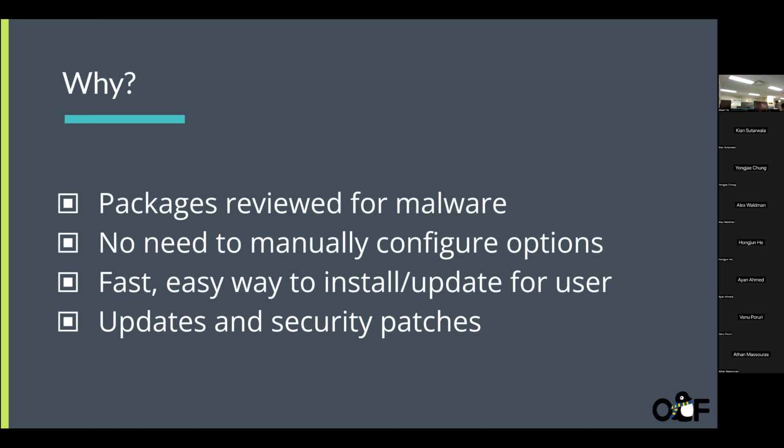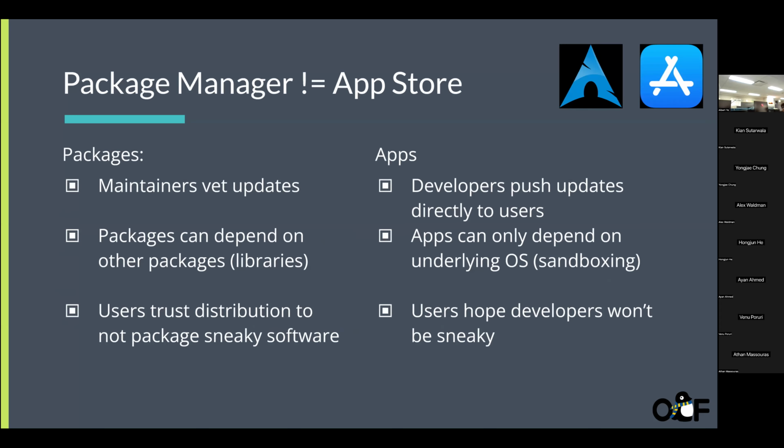So as such, packages often also get updates and security patches, just kind of like every app that you know. But packages and apps have some key differences. While an app is essentially the developer pushing an update, the package is more like being maintained.